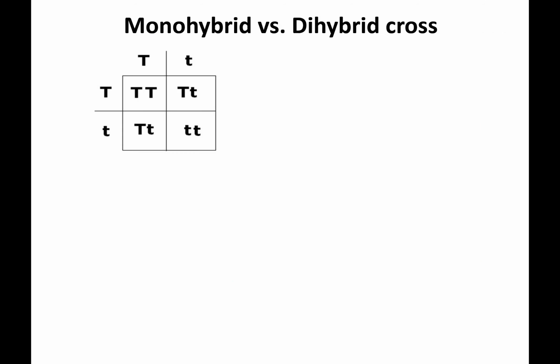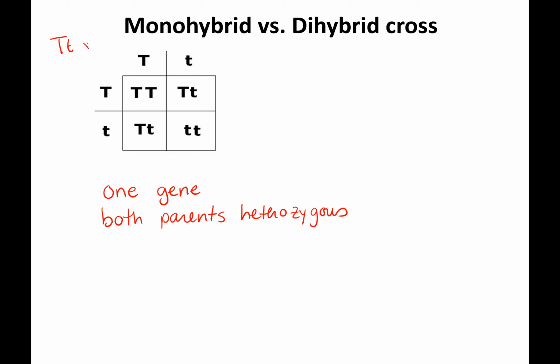Okay, monohybrid means one gene, both parents are heterozygous. Okay, so it's shown here. We had a big T little t parent crossed with a big T little t parent. We have our gametes. We put them together in our Punnett square. This is a monohybrid cross.